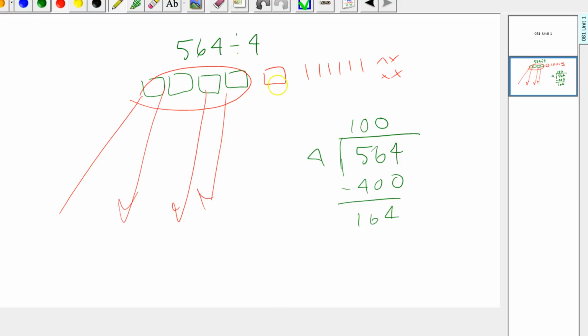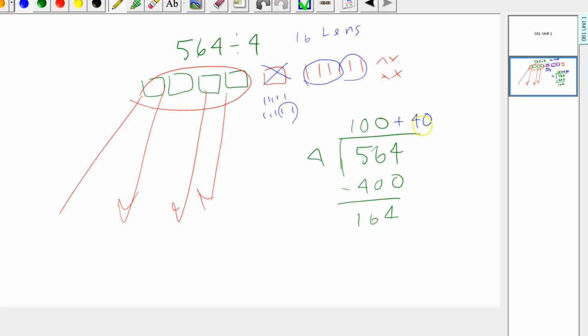Okay, so now we had to break this into tens. Now we had 16 tens. And then we saw that we could break those into 4. When we broke them into 4, they were 4 rods, so that was 40.